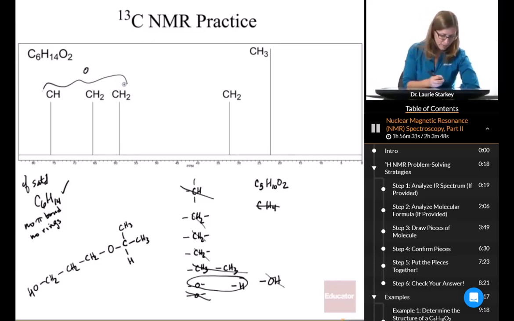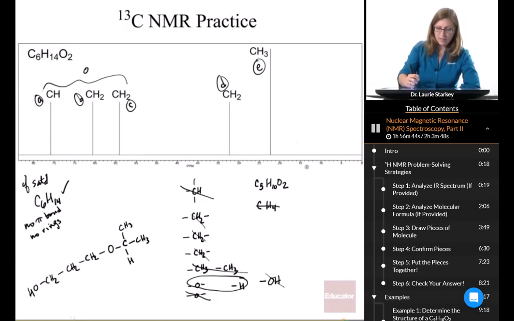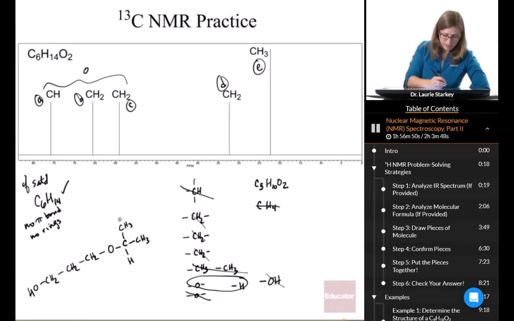What would we have? Well, we can go ahead and label these A, B, C, D, E, and make sure we can identify them and bring them together. We should have two methyl groups that are chemically equivalent that come as one peak and that are just attached to a regular carbon, so they should not be downfield any great amount.